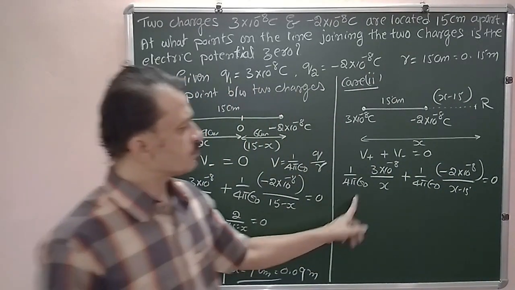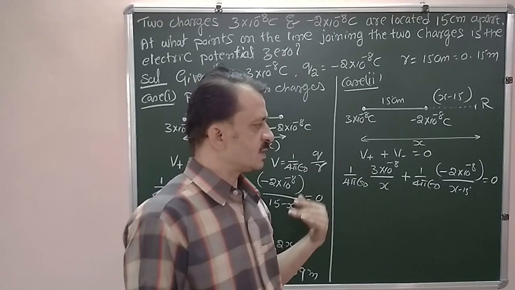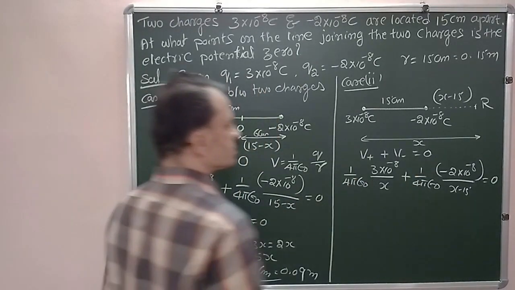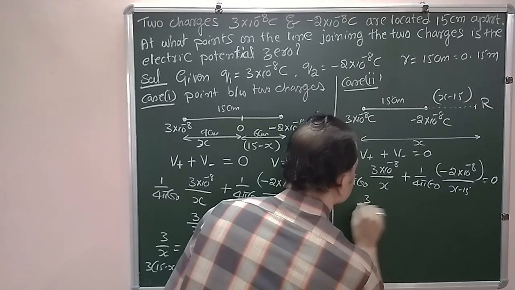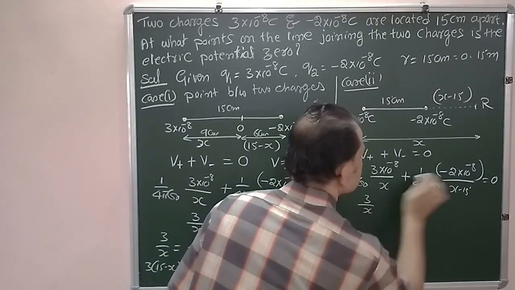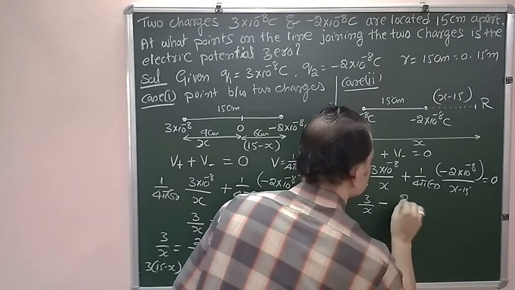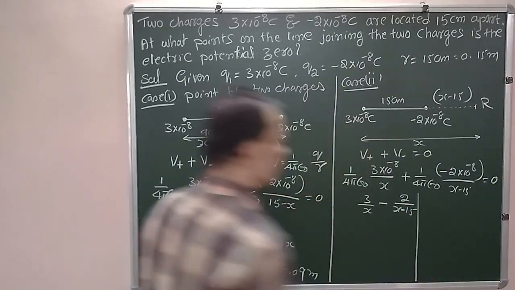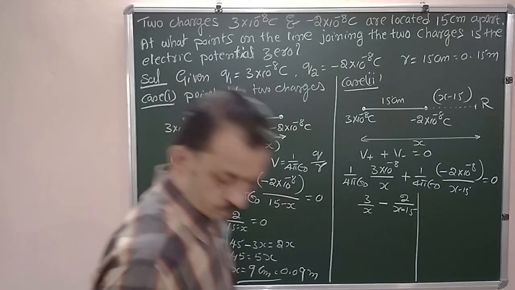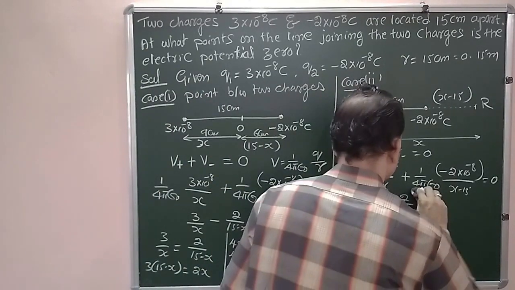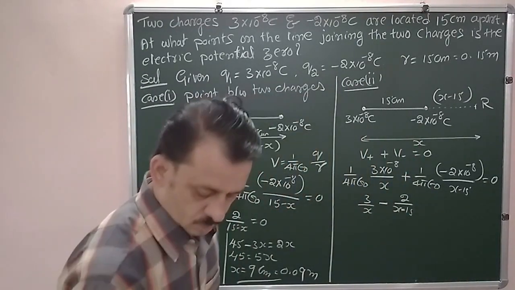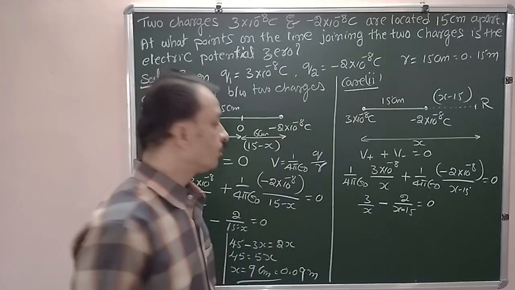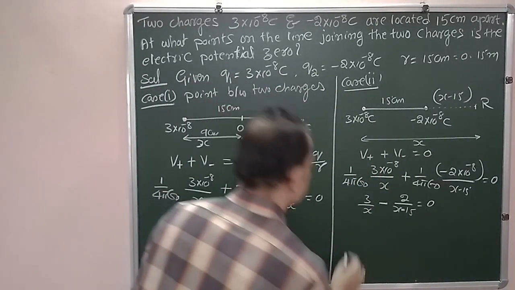So 1 divided by 4 pi epsilon naught and 10 to the power of minus 8, if you take common out and cross multiply, it becomes 0. Therefore, we are left with 3 by x plus into minus 2 divided by x minus 15 is equal to 0.